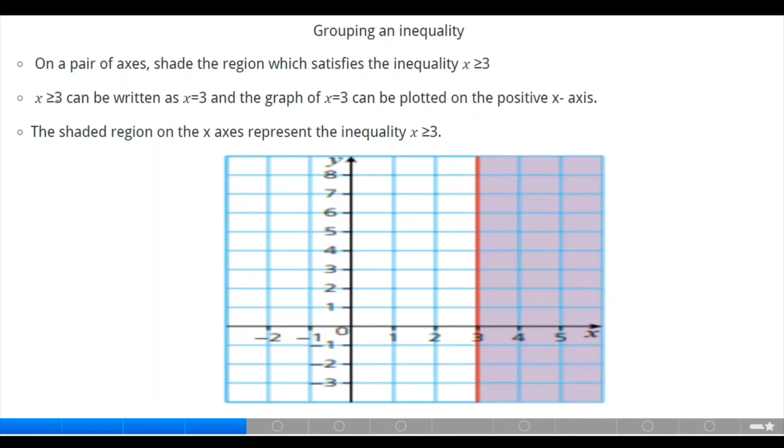Now, if you want to represent that on the graph, note we only have a value for x, which is x equals 3. And for our graph, we always have our y-axis and we have our x-axis. Look at what we have here, we don't have any value for the y-axis, we only have a value for the x-axis, which is 3. We have an illustration of that here. This is the x-axis, and we have this to be our y-axis.